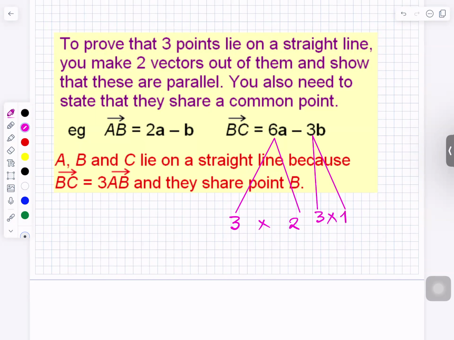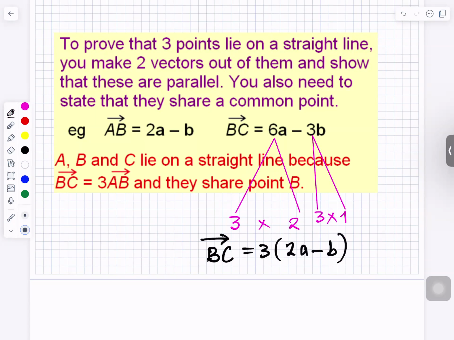So if you factorize that BC, you would get 3 is common and the 2A minus 1B. We just write B. We don't write the 1. Which, if you look at it, the 2A minus 1B is the same as AB.